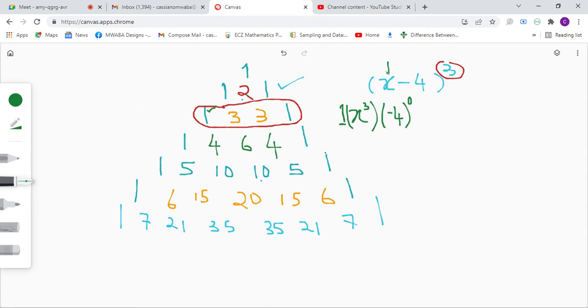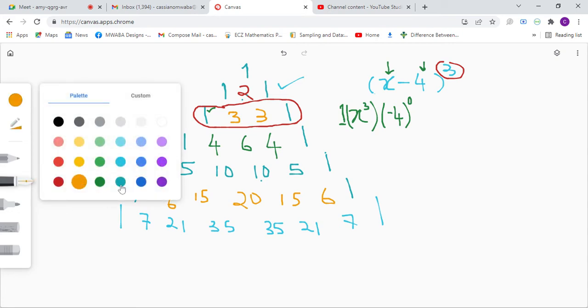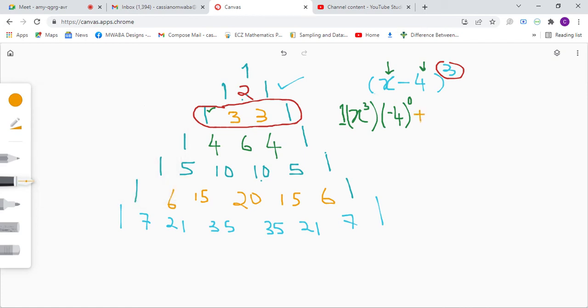So we'll be using these two terms in the bracket. We say 1 times x to the power 3 times negative 4 to the power 0, and we're going to say plus. We write this coefficient, this 3 here: 3 x squared.